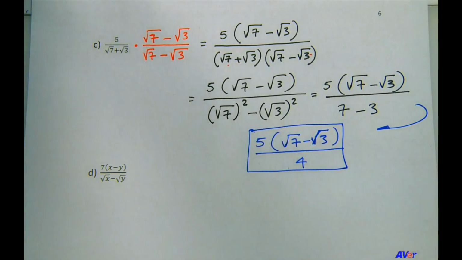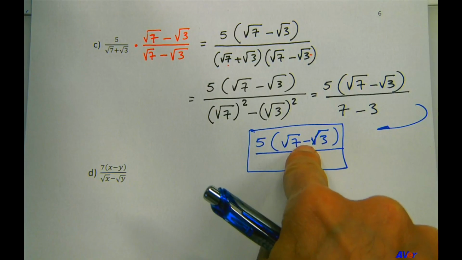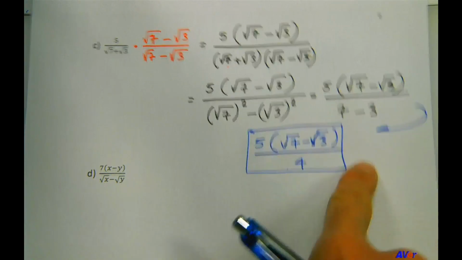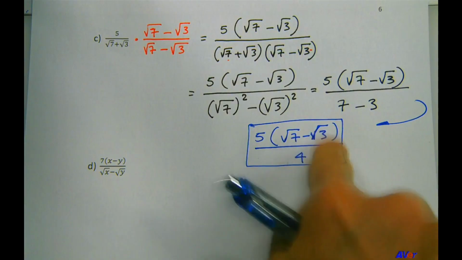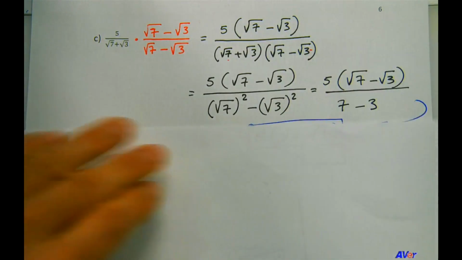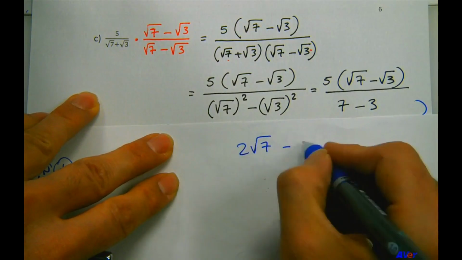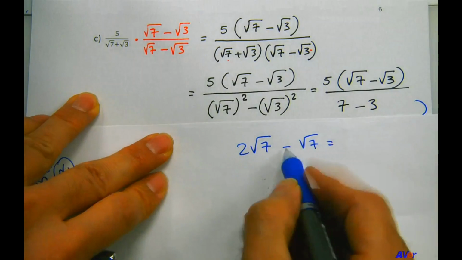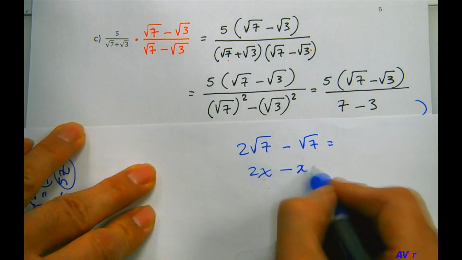One quick mention, guys: this is not square root of 4, okay? You cannot subtract these two. You cannot say this is square root of 7 minus square root of 3, so that's square root of 4, no. If you had 2 square root of 7 minus square root of 7, yes, this is identical to saying 2x minus x is x.